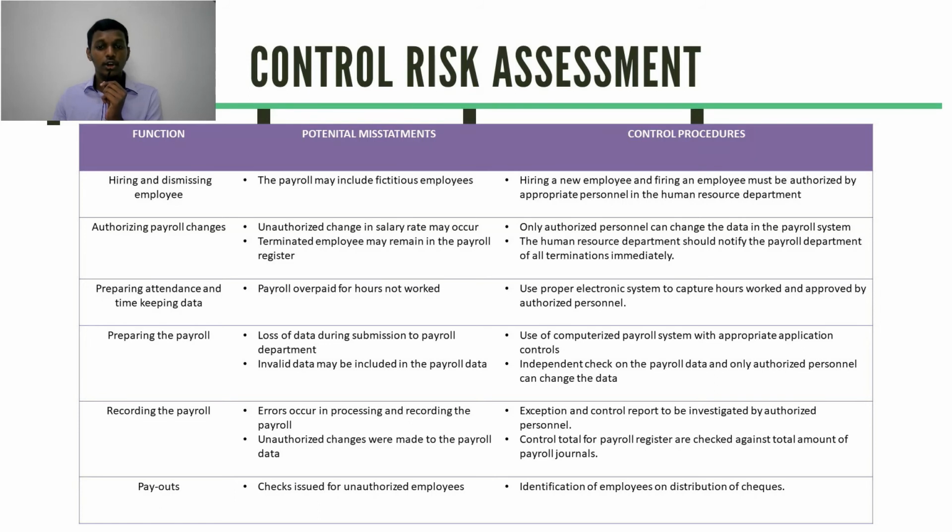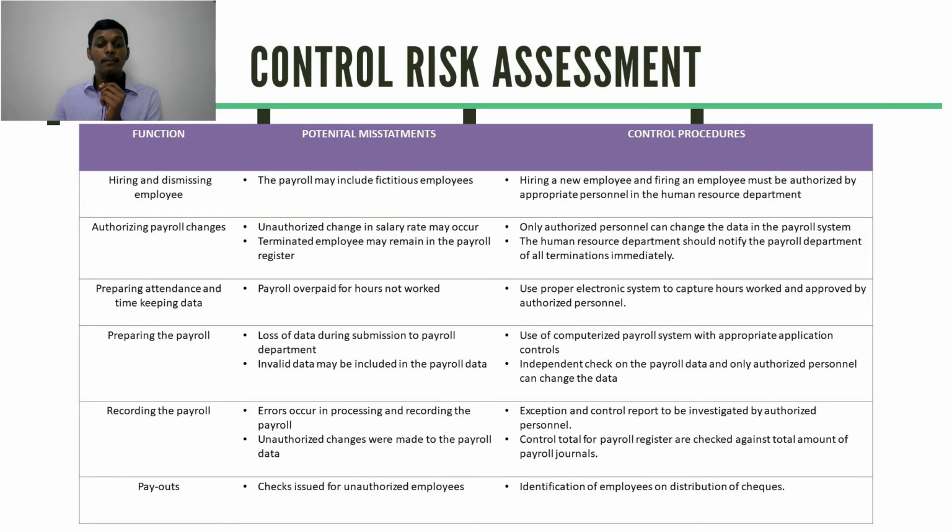Moreover, recording the payroll has potential misstatements such as errors occurring in processing and recording the payroll and unauthorized changes made to the payroll data. The control procedures are exception and control reports to be investigated by authorized personnel, and control totals for the payroll register are checked against the total amount of payroll journals.